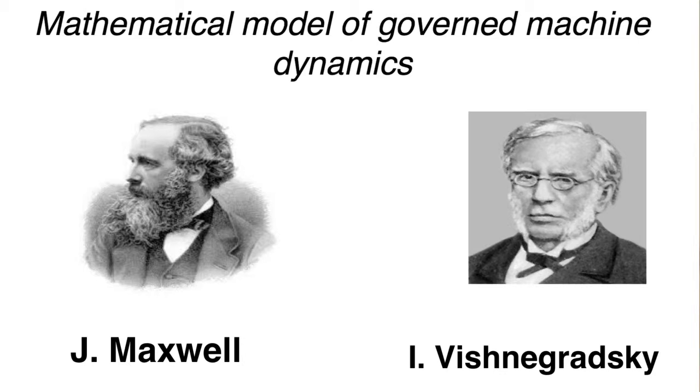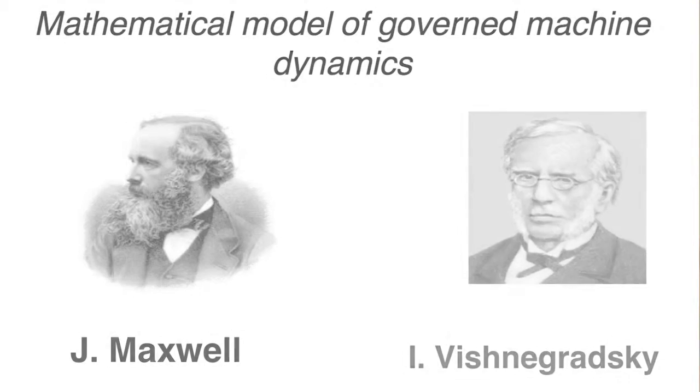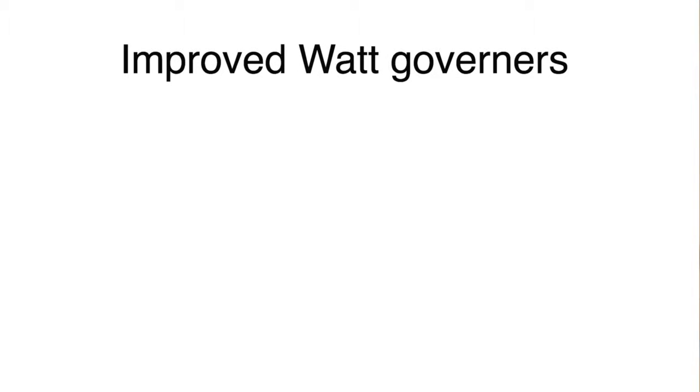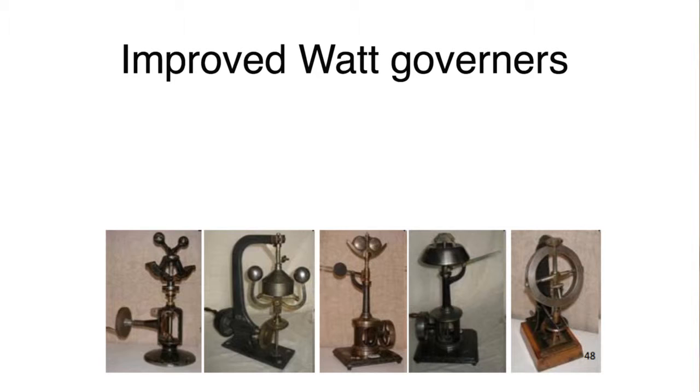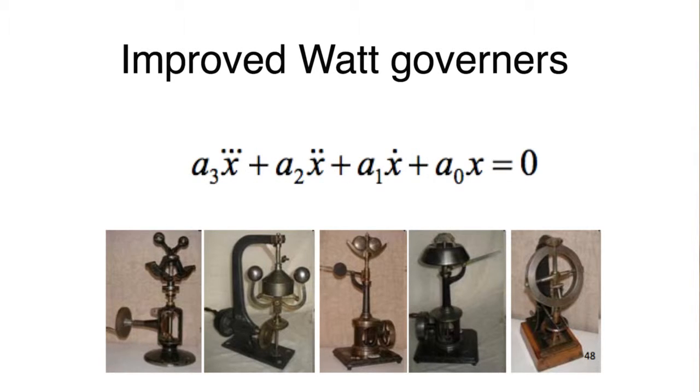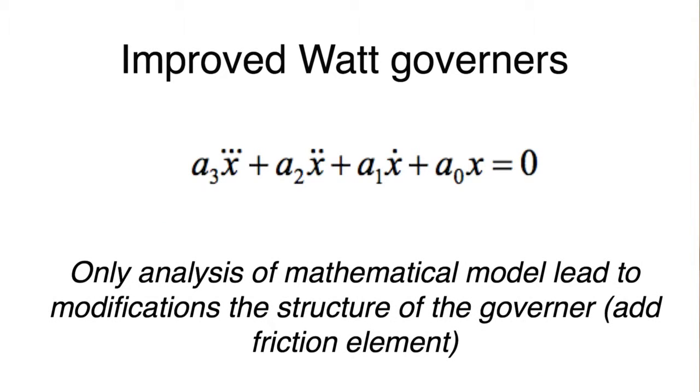And in the next slide, there are modified Watt governors, and there were also inventions, but they were based on analysis of differential equations. You never would understand how it is possible to do unless you know differential equations.